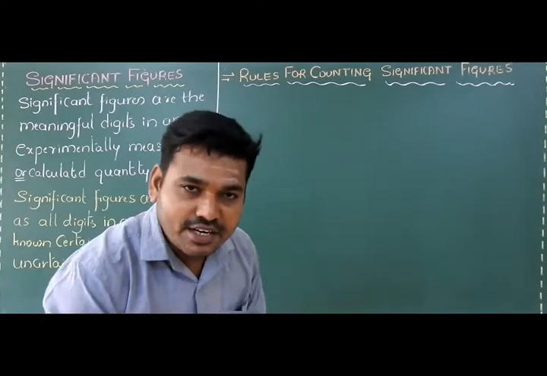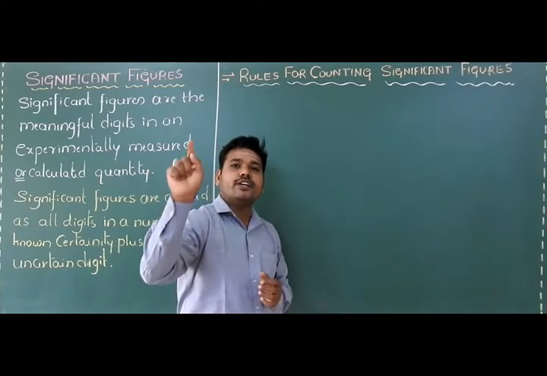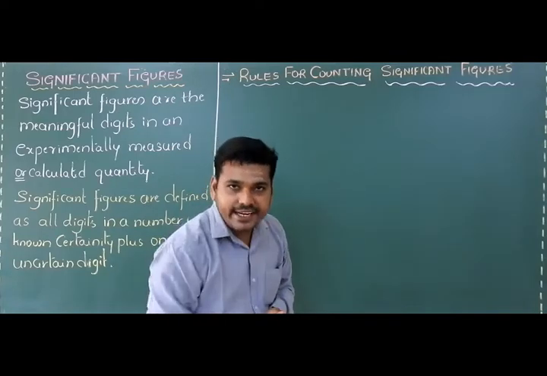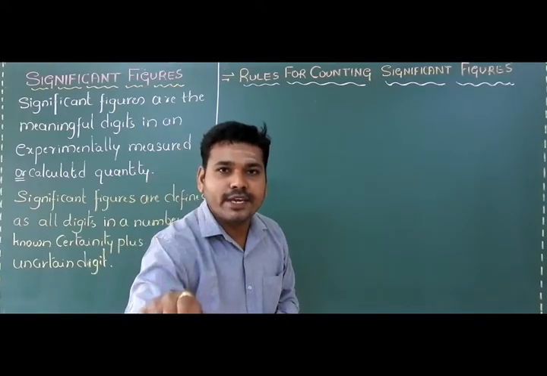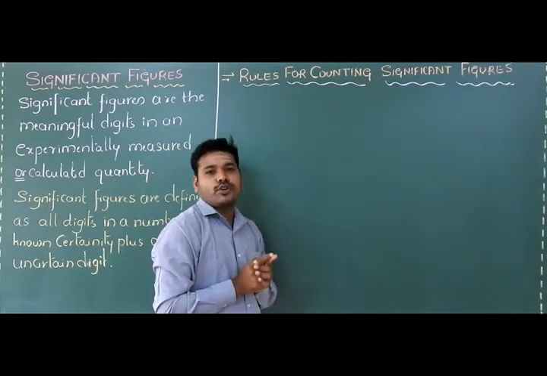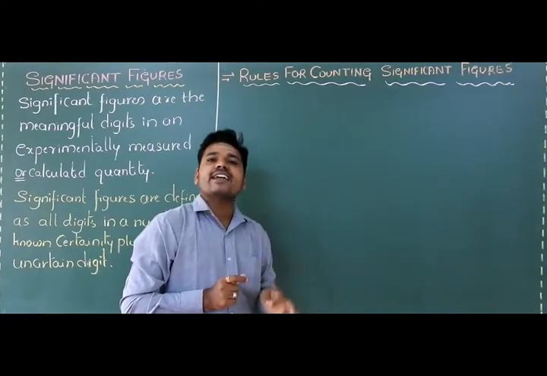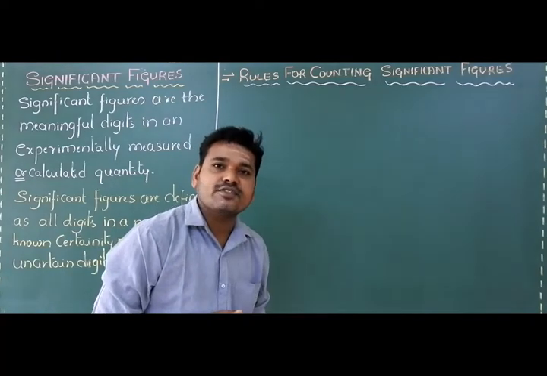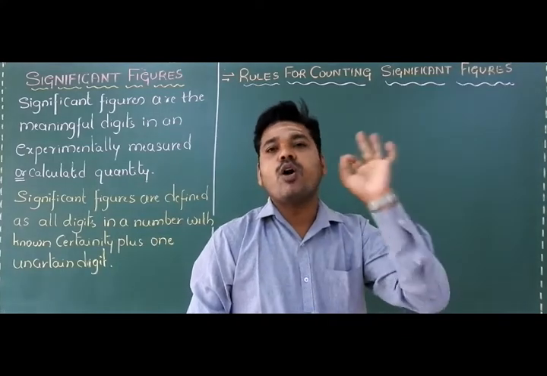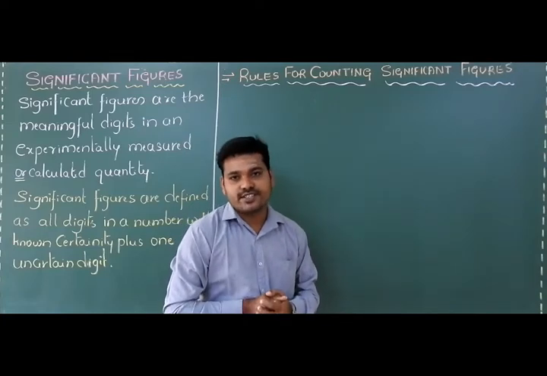Now tell me, what is the general representation for the scientific notation? Yes, very good. N into 10 to the power of x, or we can also write it as a into 10 to the power of b. That is the general representation. In this representation, the capital N stands for the coefficient, which is a real number, whereas the small x stands for the exponent, which is an integer, students.